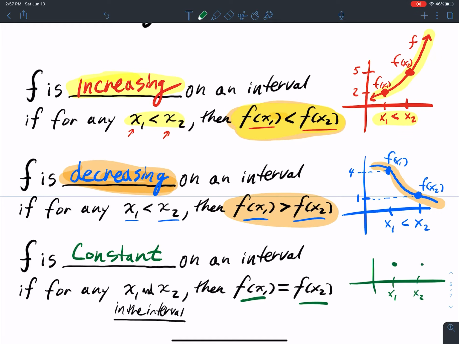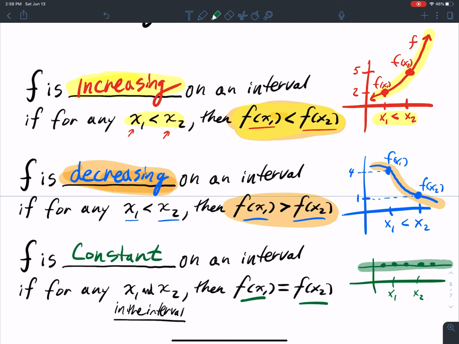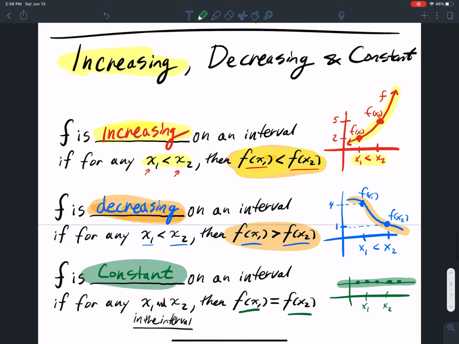Here's the same, here's the same, anything in between is the same. This would be the scenario of being constant. We're not going up, we're not going down. We're just constant on this interval. So those are the three ideas: increasing, decreasing, and constant.